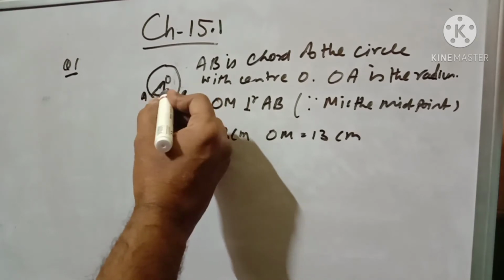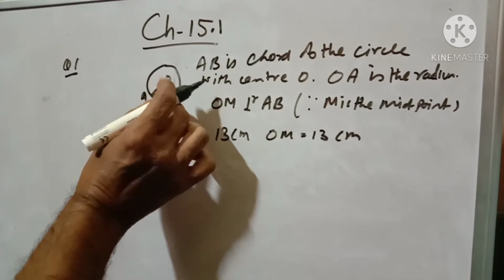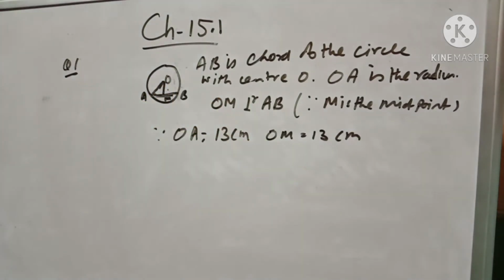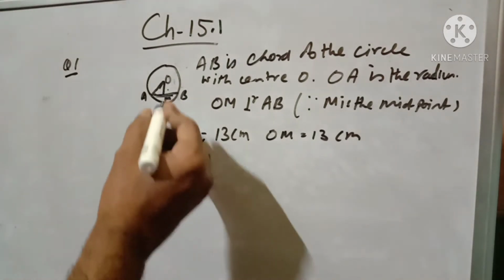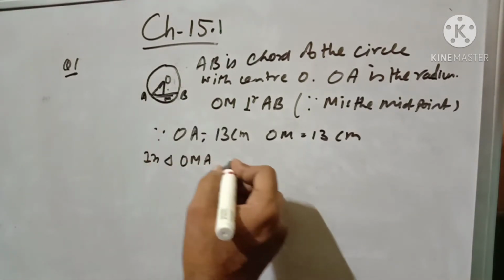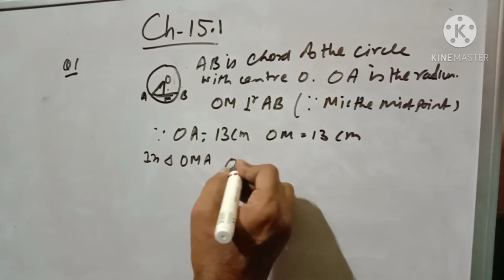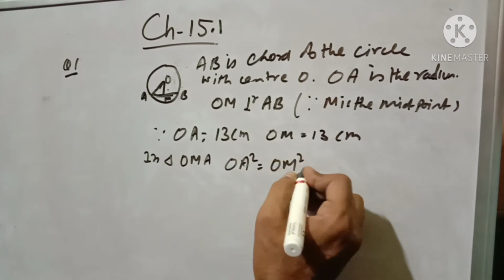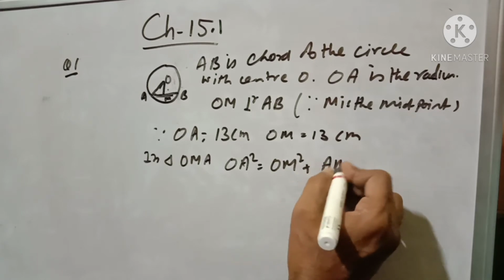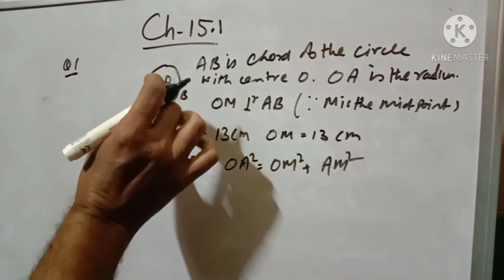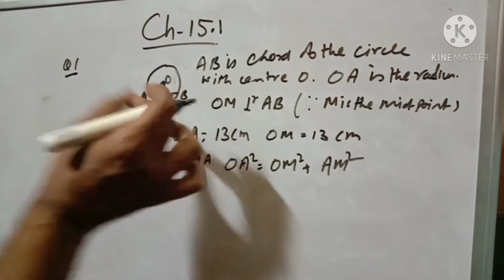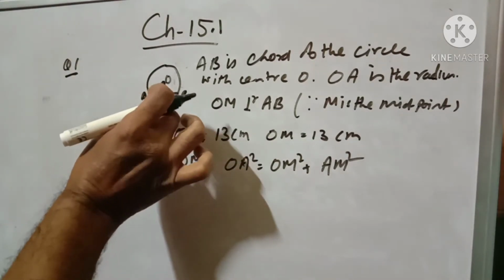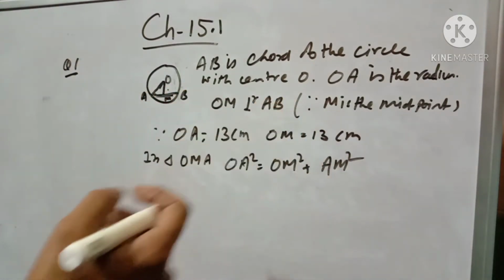Now this part is given, we can find out this part by Pythagoras theorem. So in right triangle OMA, we can write OA square equal to OM square plus AM square, because OM is perpendicular to AB, therefore AM equal to MB, because M is the midpoint.